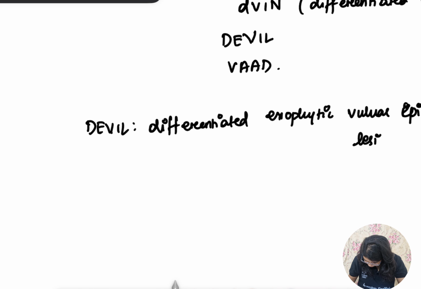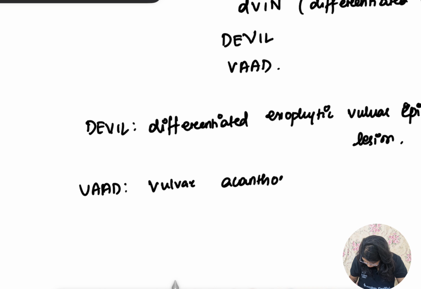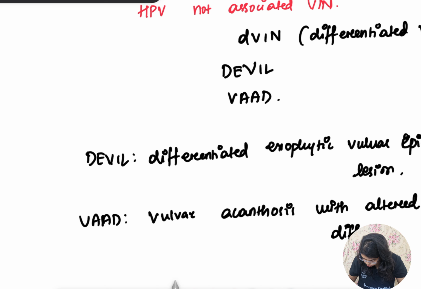And VAAD is vulvar acanthosis with altered differentiation. And these are not associated with HPV.